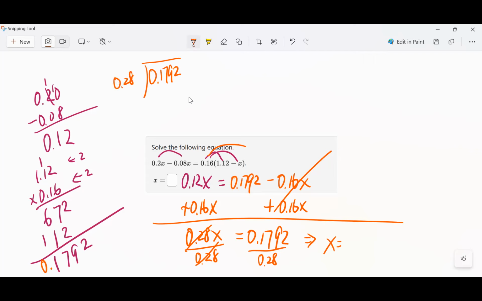Now you divide this, you're gonna move the decimal 2 places to the right for the divisor, make it 28. And you're gonna do the same thing for the dividend, right? Move the decimal 2 units to the right. So basically we get 17.92 over 28. This is equivalent division.